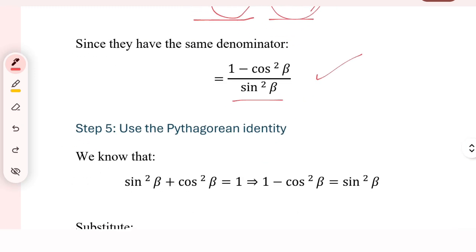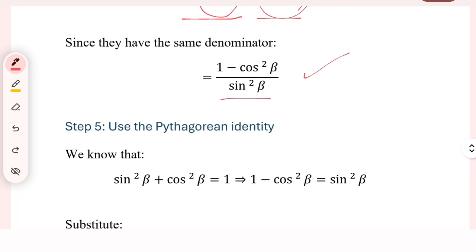Now let us think. What can we do there? If you see something like this, think about a Pythagorean identity. This identity is the Pythagorean identity: sine square beta plus cosine square beta is equal to 1.